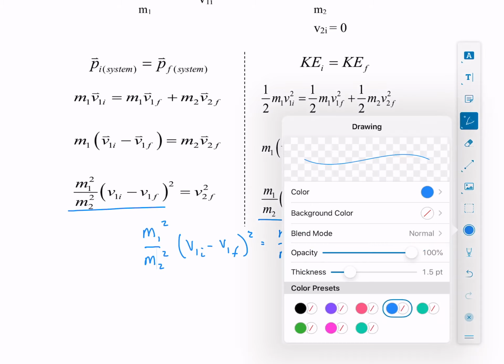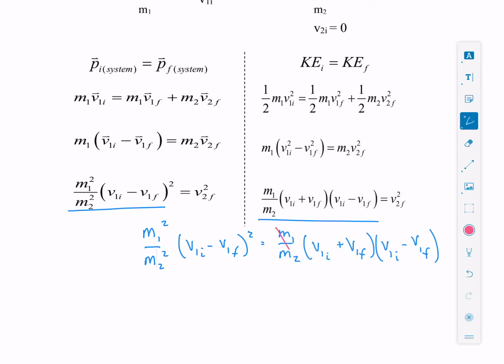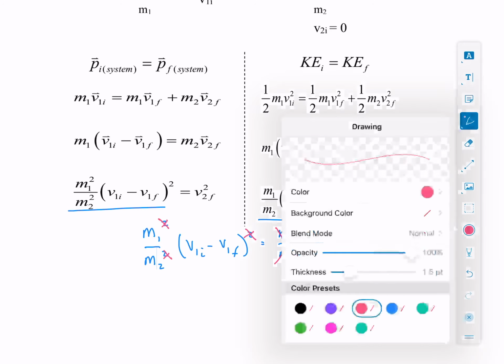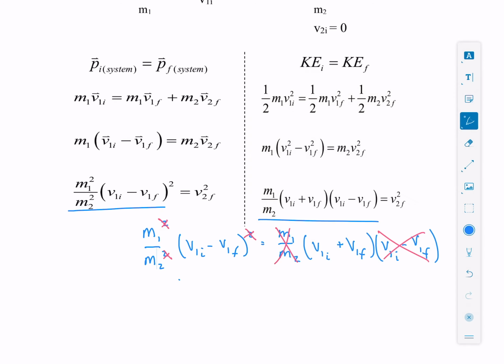All right, well, some of this simplifies. M1 over M2 can get rid of the squares right there, and then this square gets rid of that. So what we're left with is M1 over M2 times V1 initial minus V1 final equals V1 initial plus V1 final.